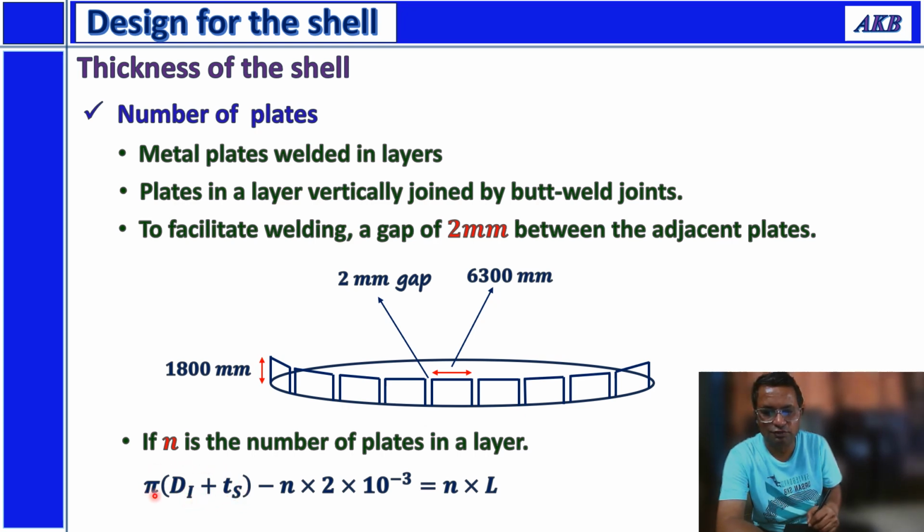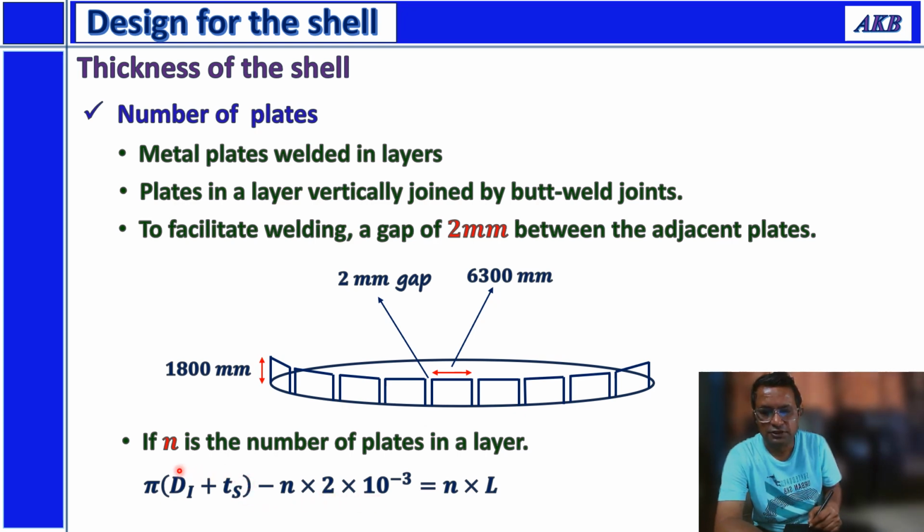This will give you the circumference, and from this circumference we have to leave out a gap of 2 mm for each plate, that is 2 into 10 to the power minus 3 meter. Therefore, entire circumference minus the gap for n plates, that is the number of plates into the gap between two adjacent plates, which is 2 mm, that is 2 into 10 to the power minus 3.